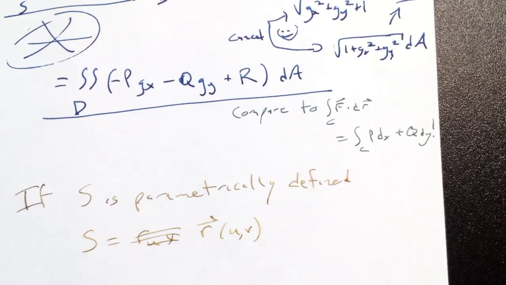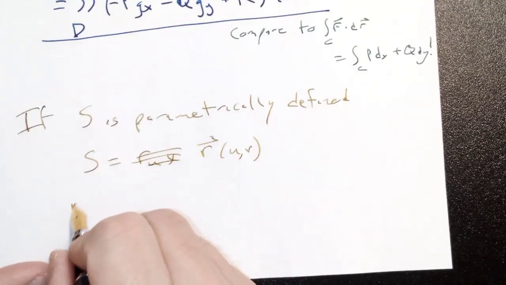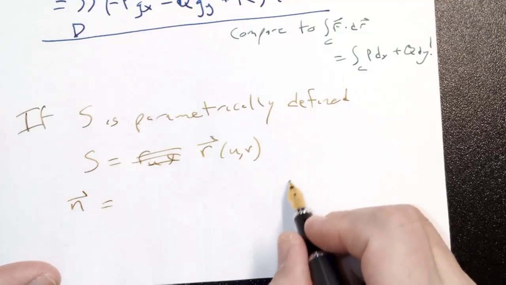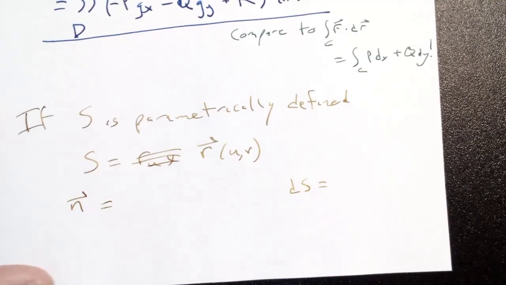Sorry, I started to write the wrong thing. Then S is some function r of u, v, right? So I have two questions. What is the normal vector in this case? And what is dS in this case?